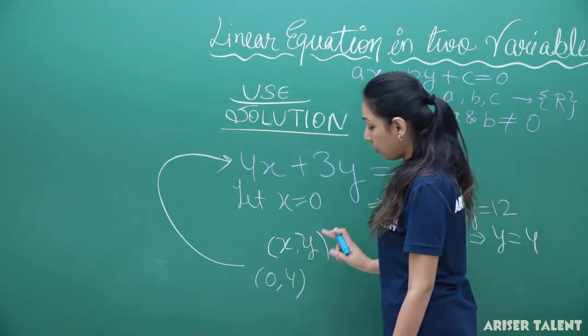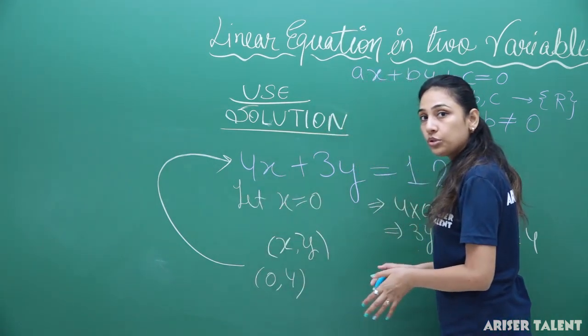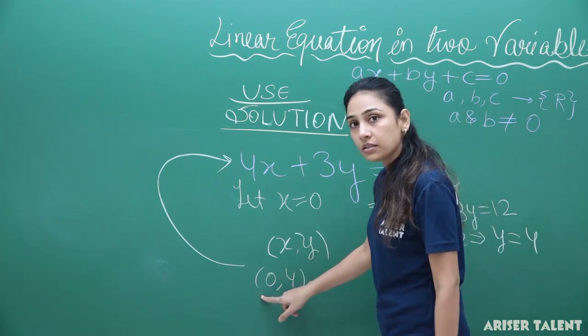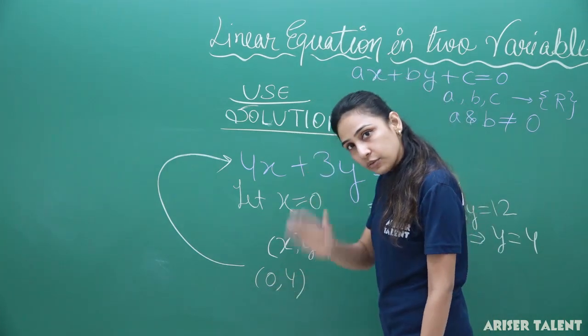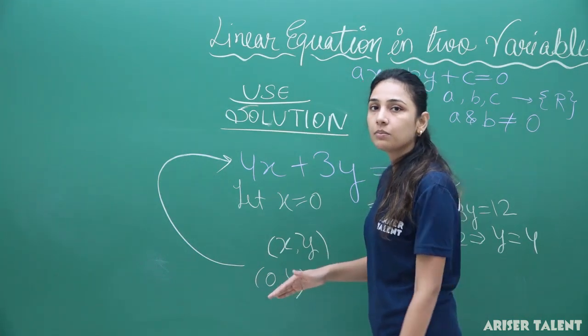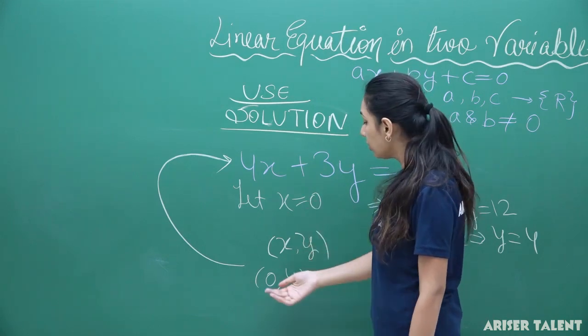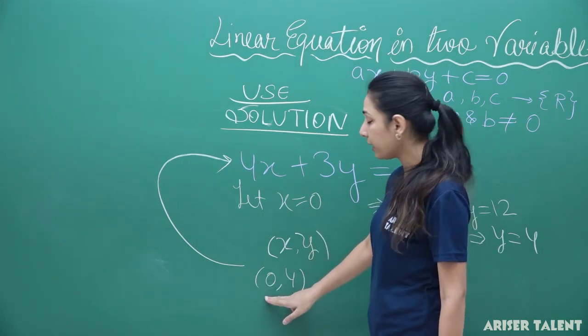Now, we will write this solution with a small bracket. Do not use the large bracket or the middle bracket, the curly bracket, whatever you call it. Use only the small bracket.